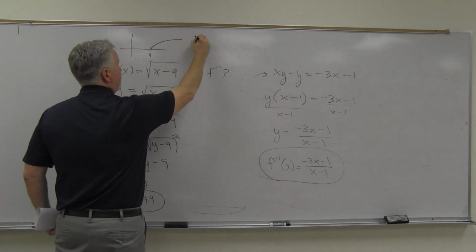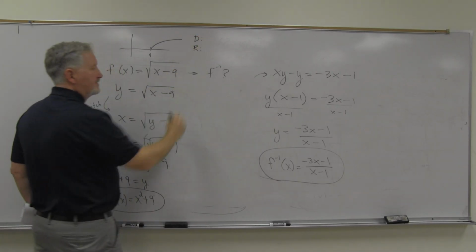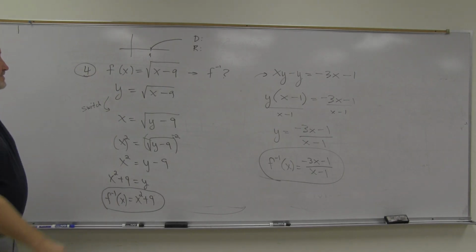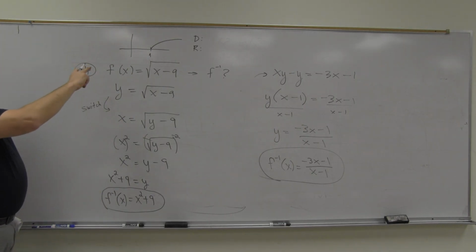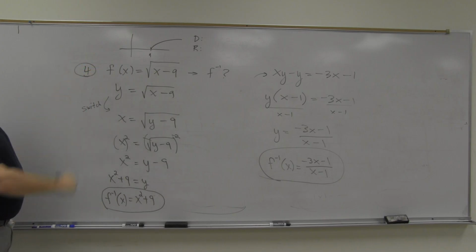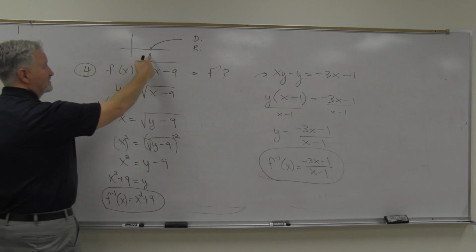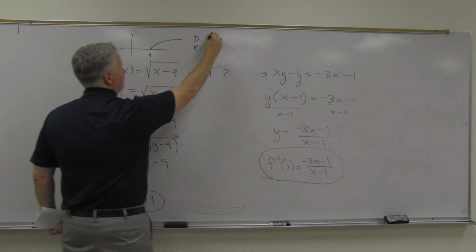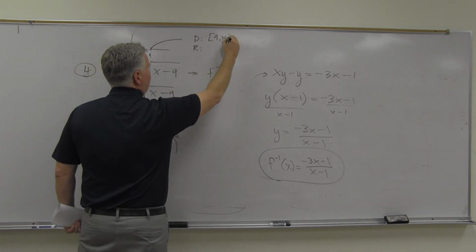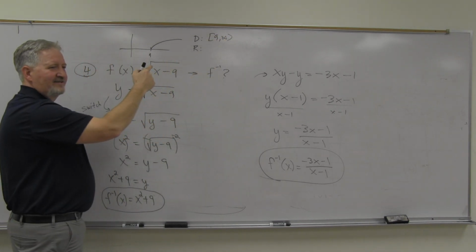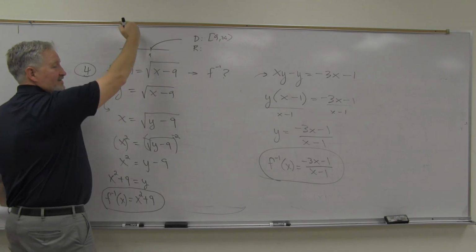What's my domain and range? I mentioned range before today, but what's the domain and range there? What's the domain? The x values. 9 to infinity. What's the range? The y values. 0 to infinity.